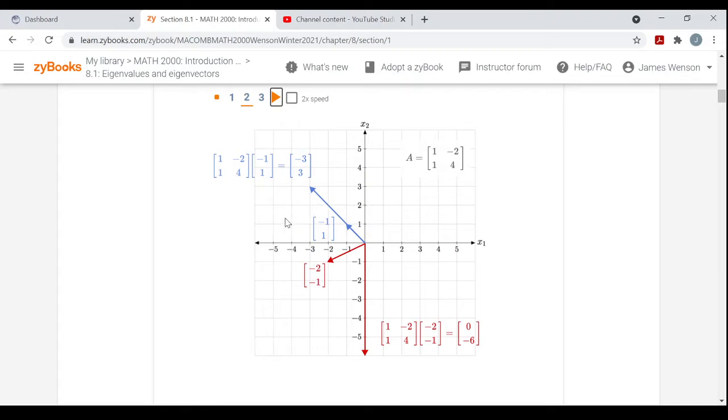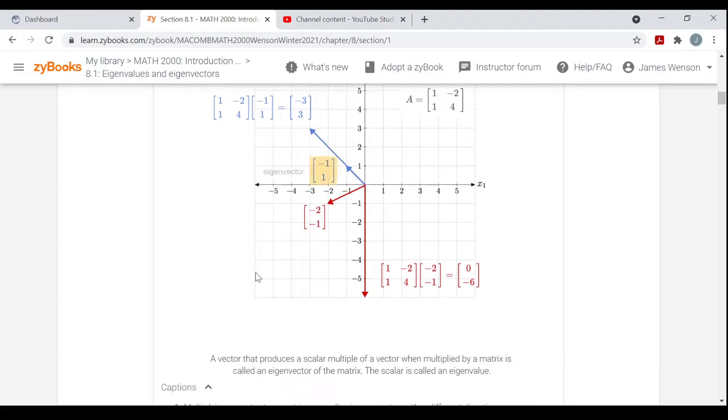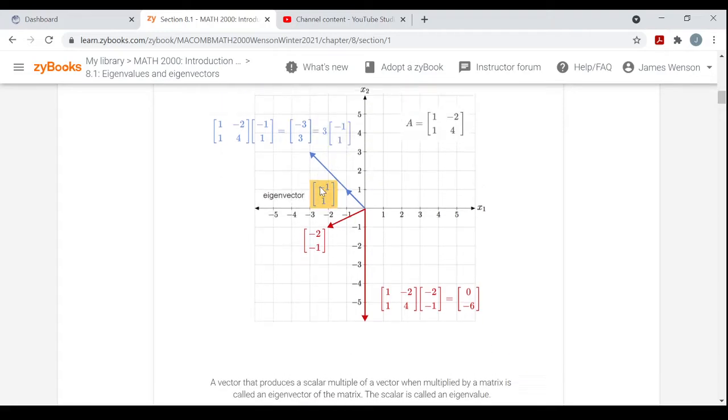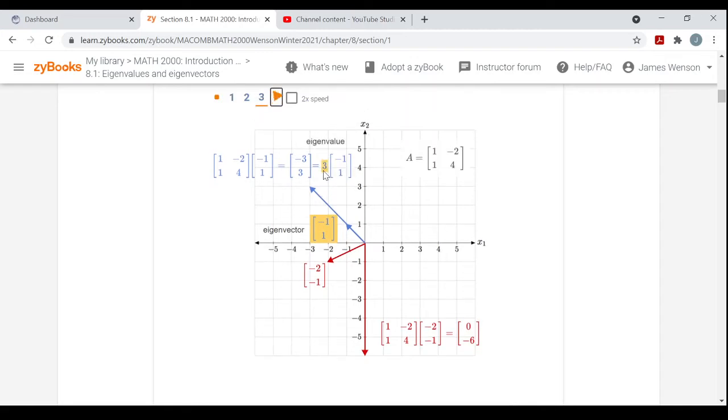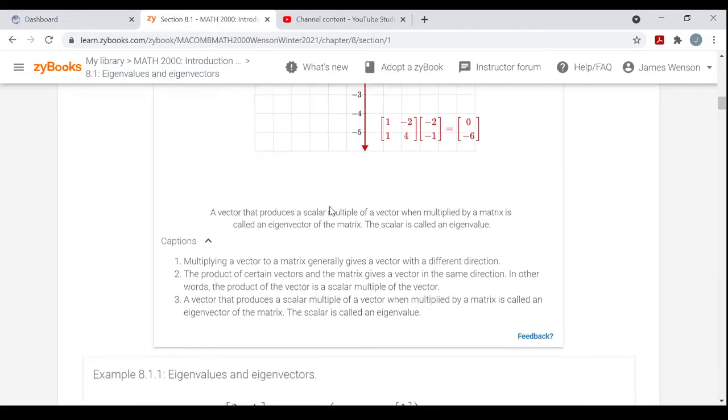The corresponding eigenvalue would be 3, because the resulting vector was just 3 times this vector. So again, the eigenvector is -1, 1 and the eigenvalue, the lambda, is 3.